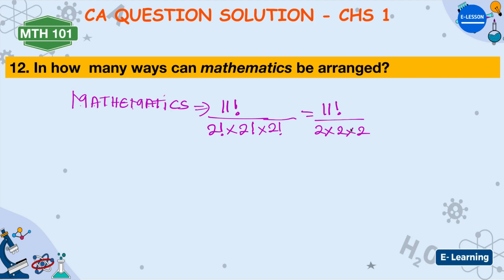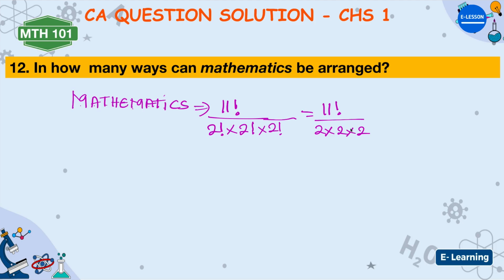It's not on this calculator. My phone calculator is not here. Okay, I think I've seen something like it. Exactly, I've seen it.